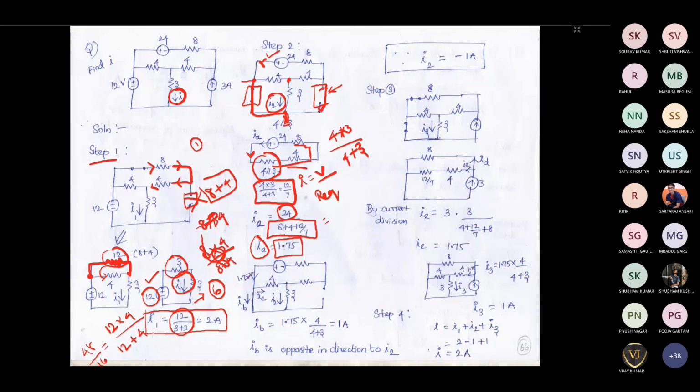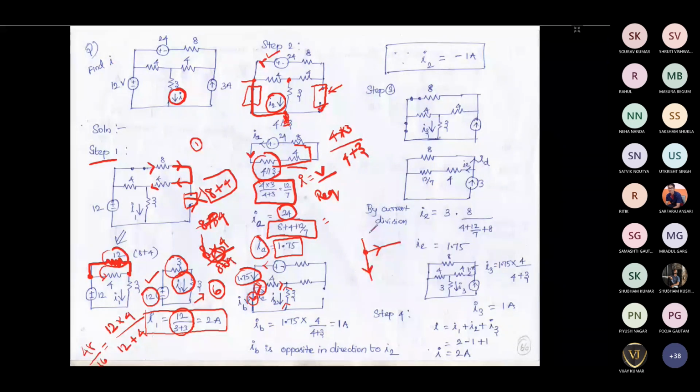Once you redraw this circuit, we have found this current, 1.75 ampere, that is coming out of the voltage source. Now some current is going to be divided here and some current is going to be here. Okay, I have drawn clearly that IC will be in this way and IB will be in this way, because at a node the current is going to divide.